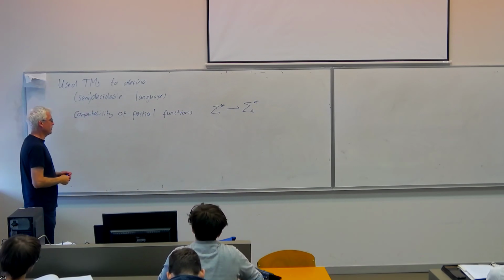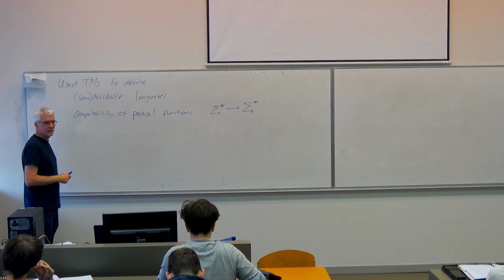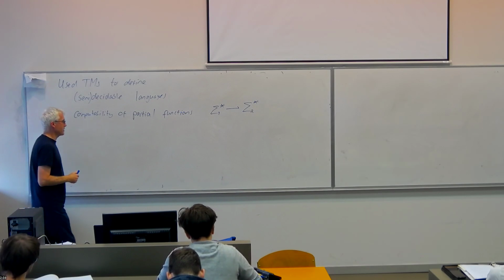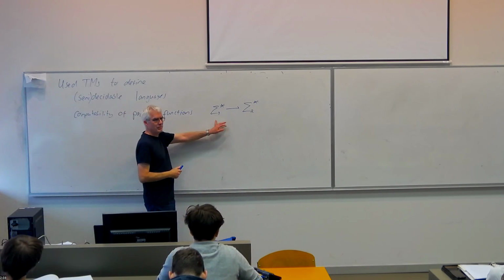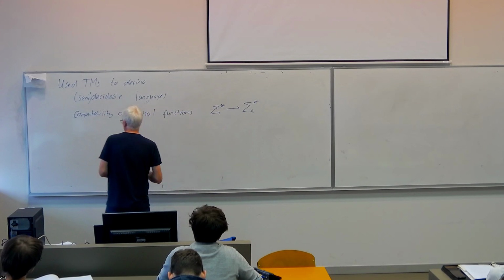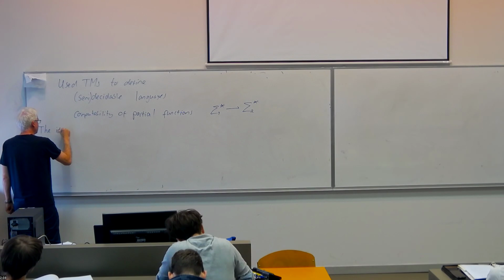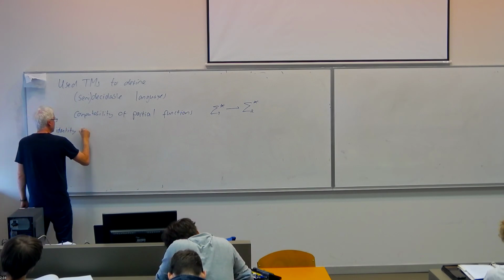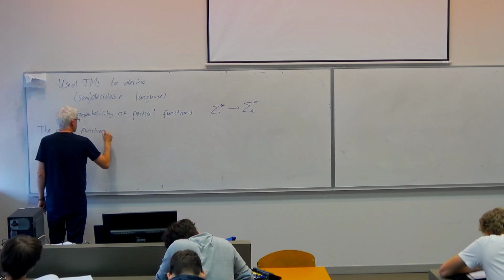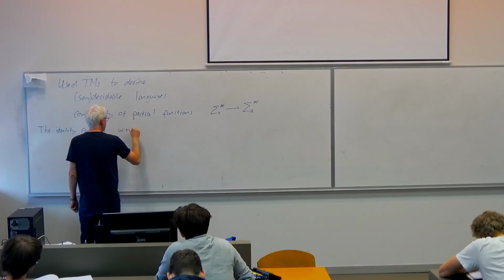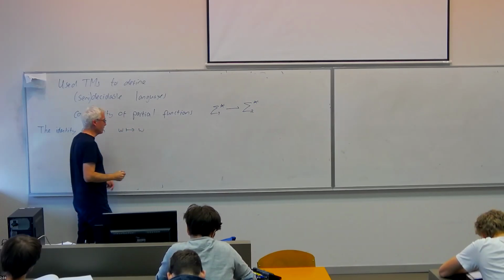Okay, so before carrying on, I just want to make some very simple observations about partial functions we can compute. The first one is that the identity function is always computable. That's a total function that takes an input word and maps it to itself.